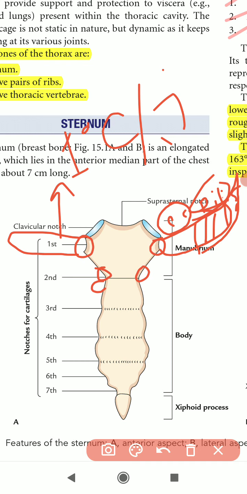That's why it is known as the lower demifacet. Along with the other demifacet of the body of the sternum, it articulates with the second costal cartilage, and just lateral to the second costal cartilage, the harder part is the second rib.